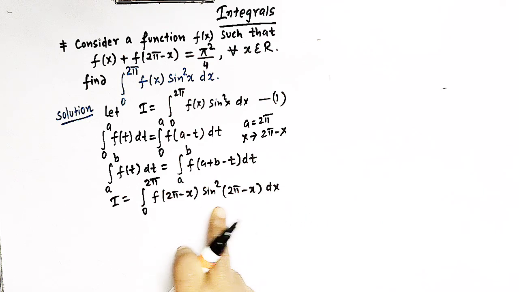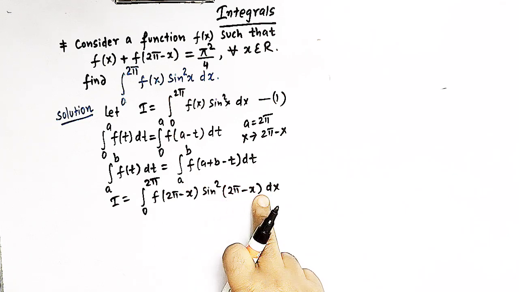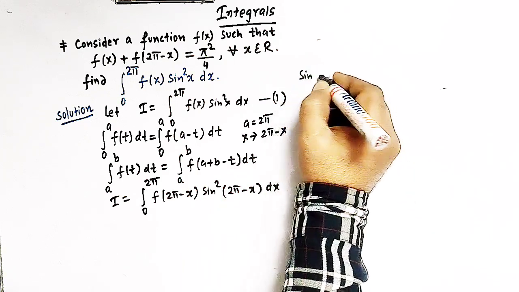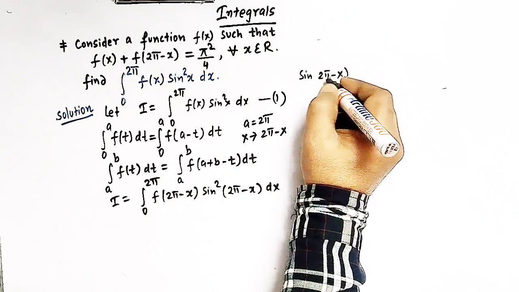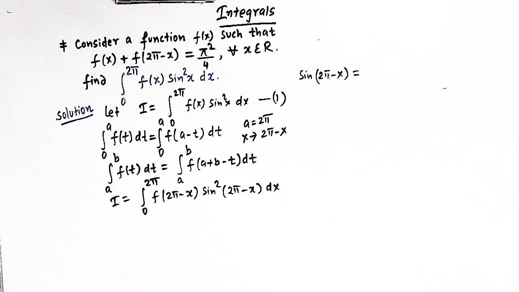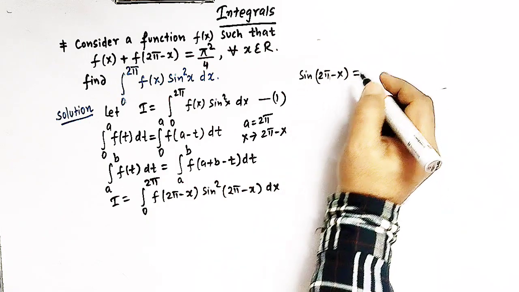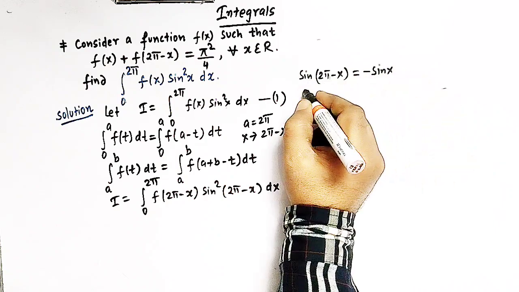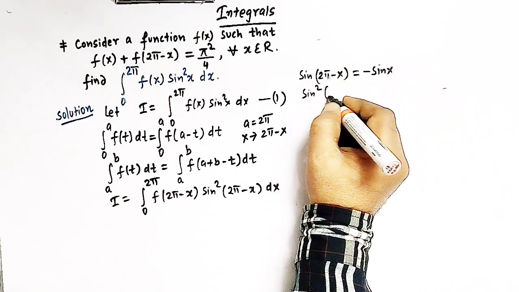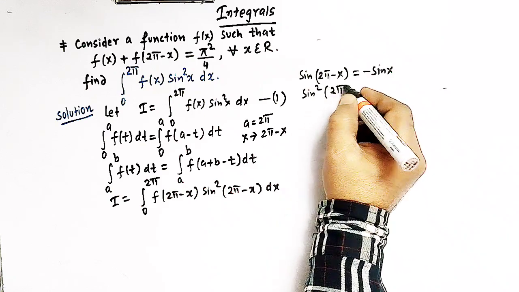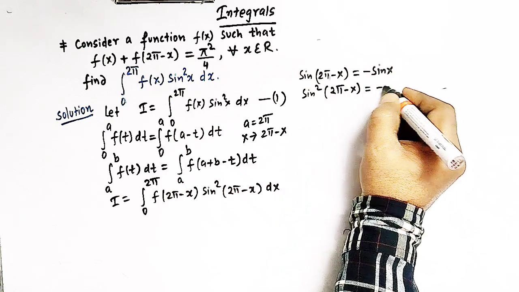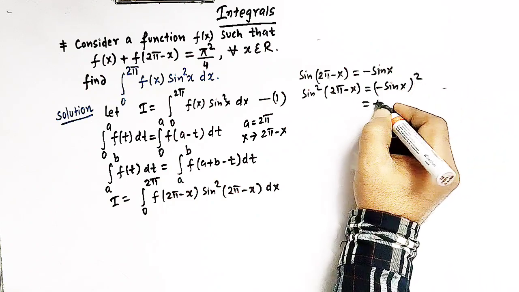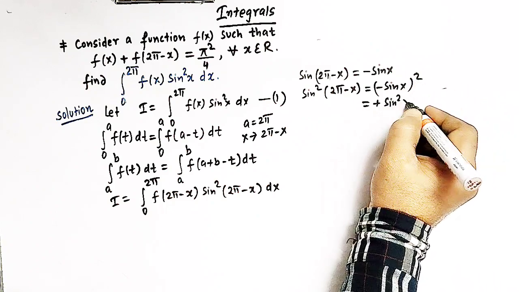Now let us take some help from trigonometry. Here we have sine of 2 pi minus x, and from trigonometry we know that sine of 2 pi minus x is given by minus sine x, so the square of it, sine square of 2 pi minus x, is given by minus sine x whole square, and that is positive sine square x.